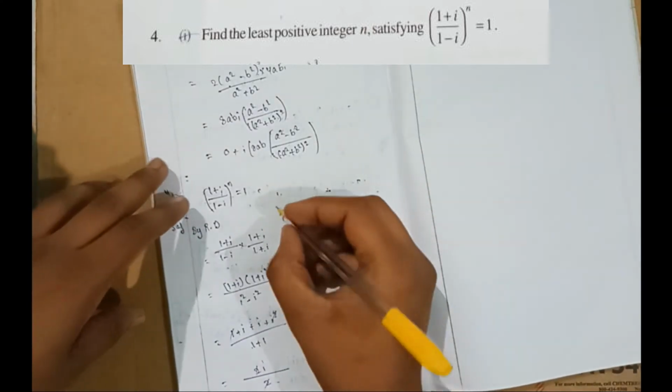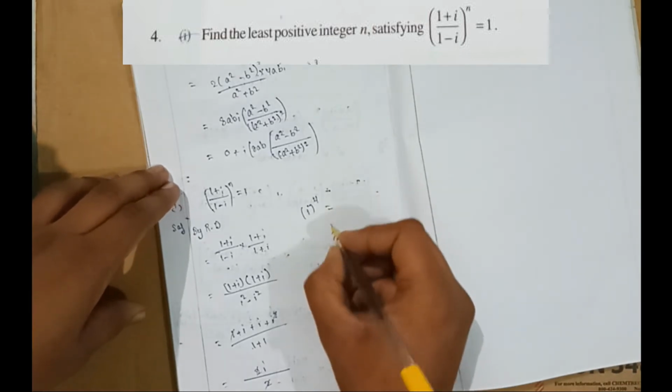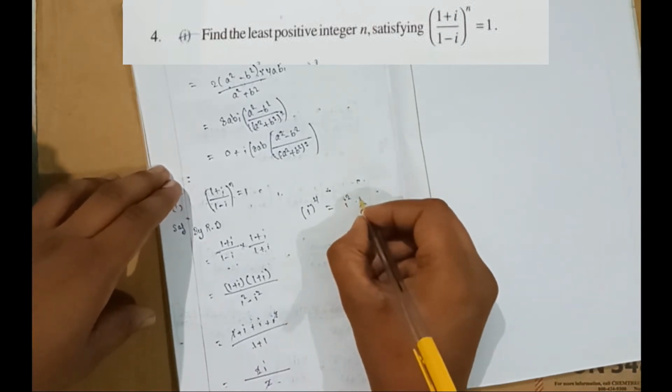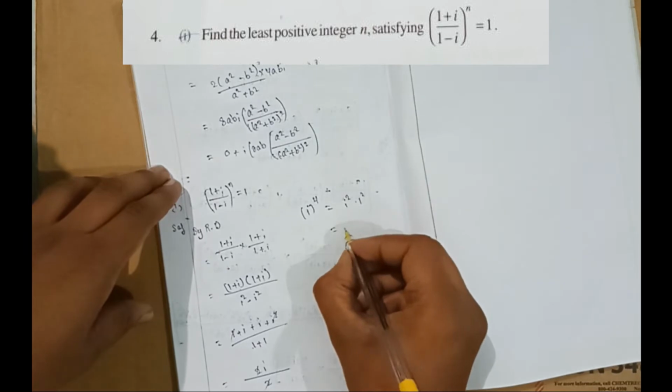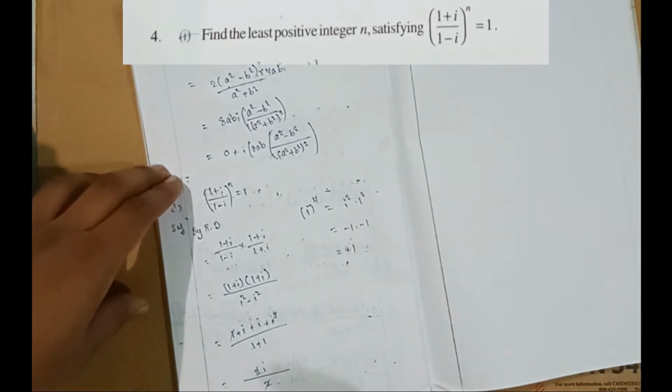If we do i power 4, then we will get i square into i square, then minus 1 into minus 1 equal to plus 1.